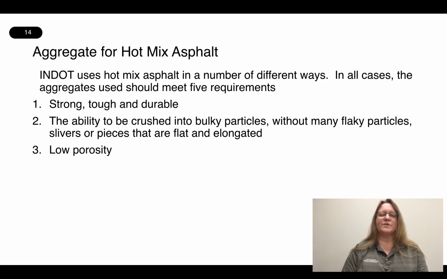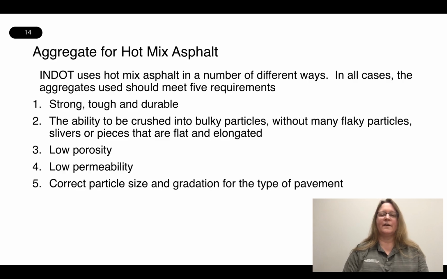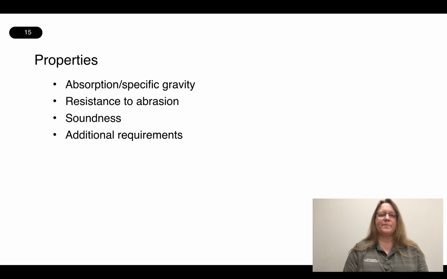And then also low porosity, low permeability. And then you want the correct size particle for optimal pavement. So some of the properties that we test for: absorption and specific gravity, resistance to abrasion, soundness, and then other requirements as they come up.